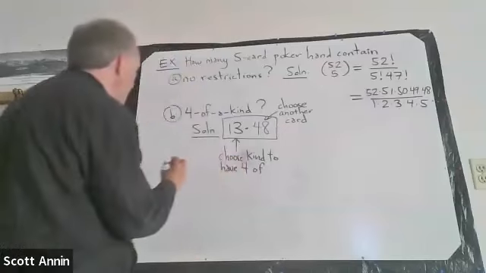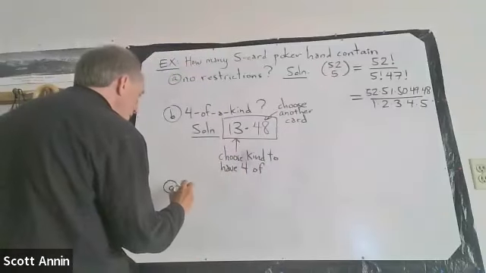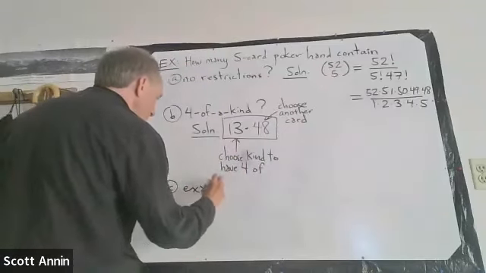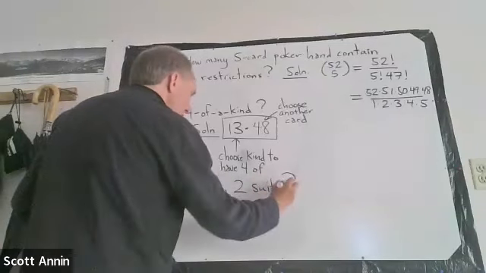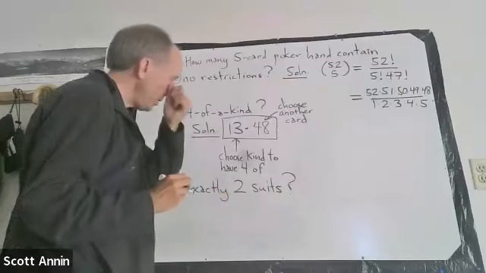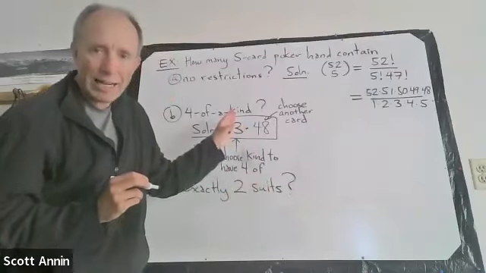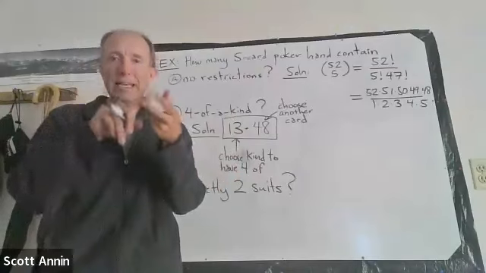What if I wanted to have part C, exactly 2 suits? Okay, so remember, suits is not the same thing as kinds. The kinds are like aces, kings, queens, jacks.